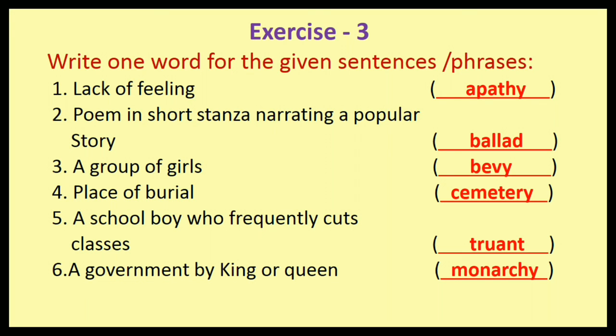Next, a schoolboy who frequently cuts classes, and that boy is known as truant. And next is a government by king or queen, and one word for this type of government is monarchy, right?